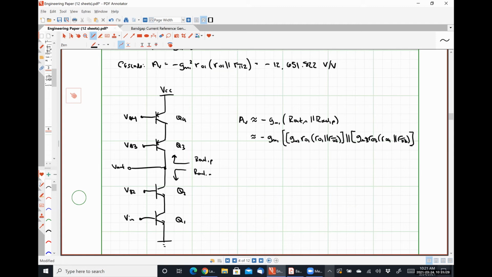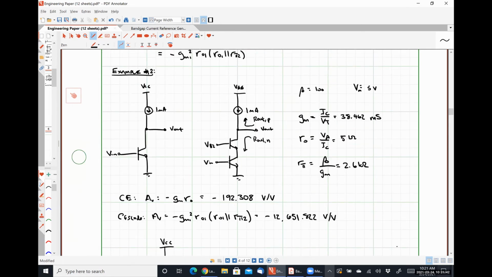So an N-type current source would be placed between this output node and ground, right? So we are trying to replace this current source right here, which is between VCC and the collector of transistor 2.